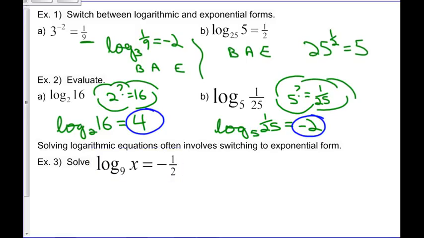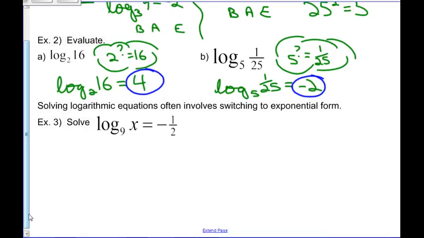When we deal with logarithmic equations, which we'll do more later on in the video, often we end up switching between logarithmic and exponential form. So down here I have something that's in logarithmic form. I'm not quite sure exactly what it means, but I know it's base, answer, exponent. So let me write it in its other form and see if that helps.